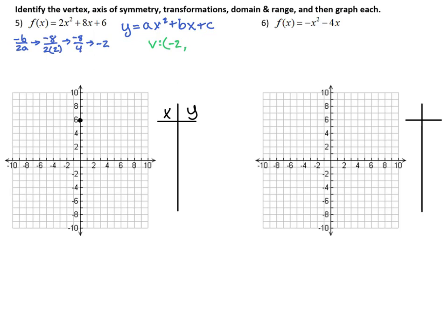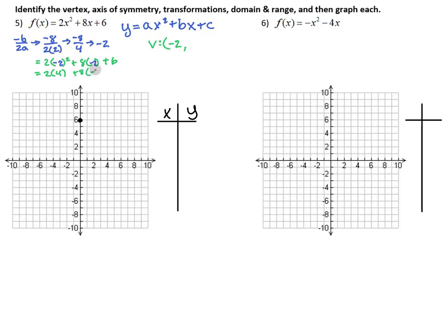Okay, to find y, we need to substitute negative 2 in. So we go back to our equation here: 2 times x squared plus 8 times x plus 6. And we're going to substitute in the negative 2. Okay, so order of operations, we would do our exponent first. Negative 2 squared is positive 4.